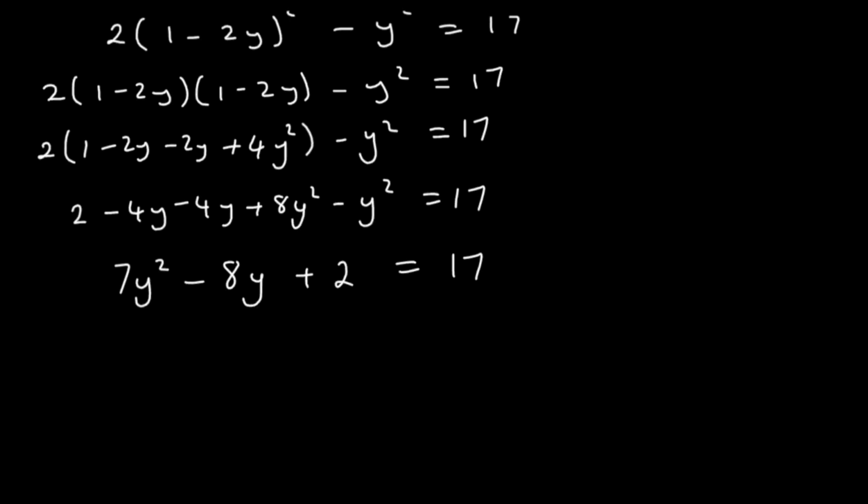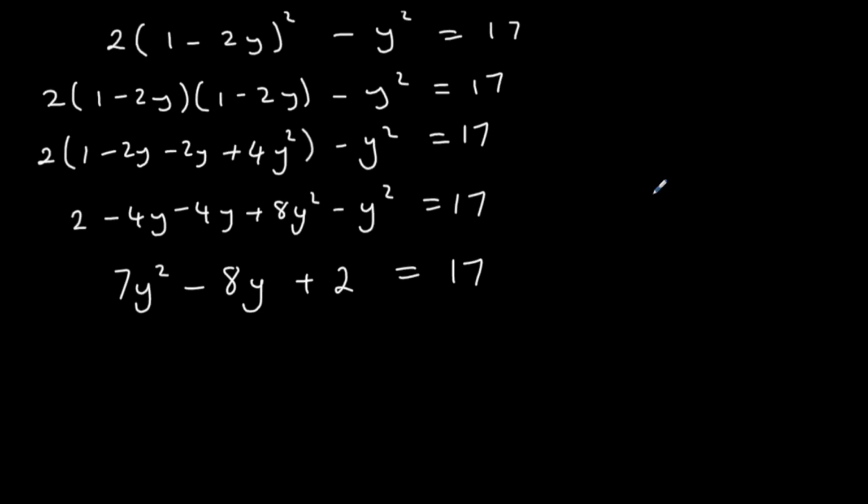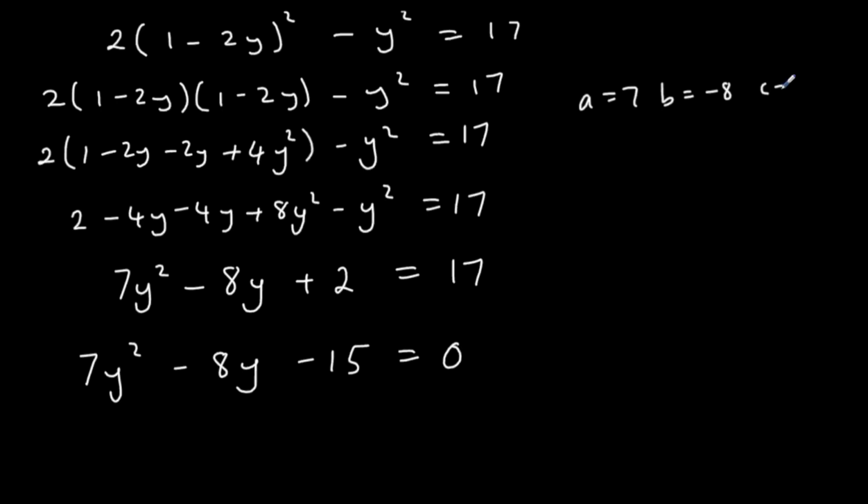I've got a quadratic. To solve it, I want to make it equal to 0. So take 17 away from both sides. So 7y squared minus 8y minus 15 equals 0. To solve the quadratic, I could use the quadratic formula with a is 7, b is -8, and c is -15.